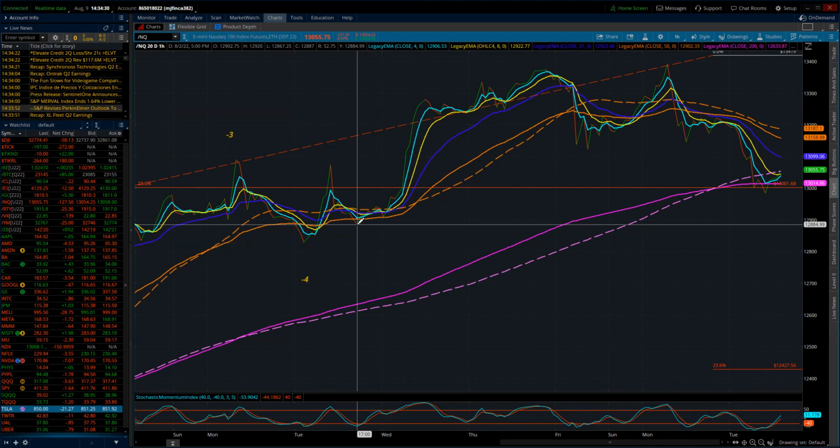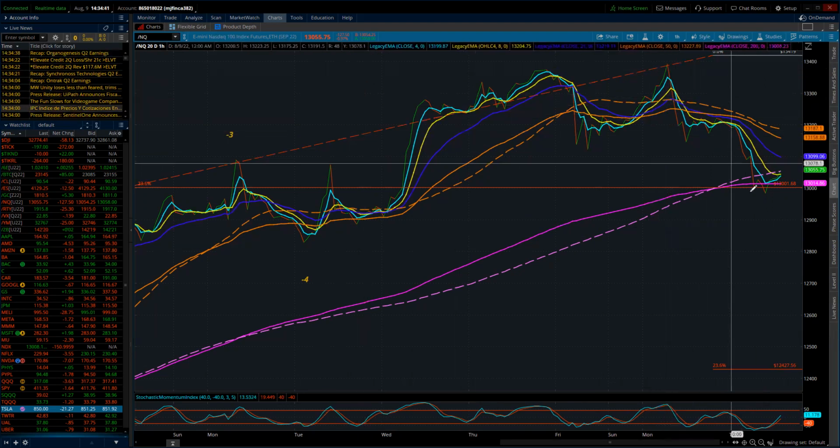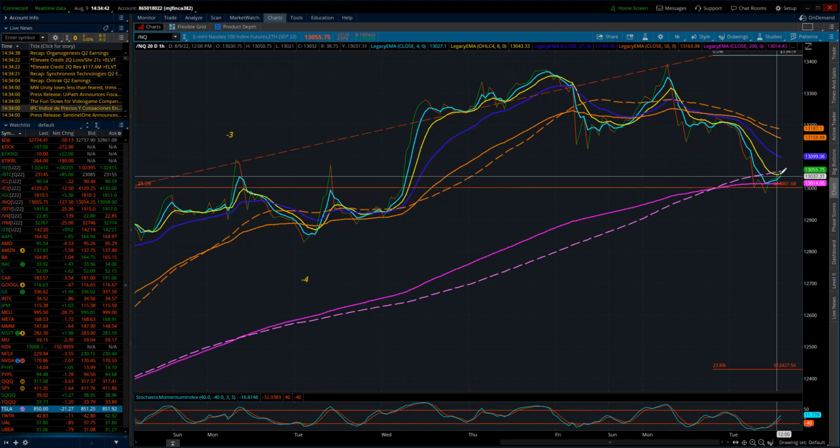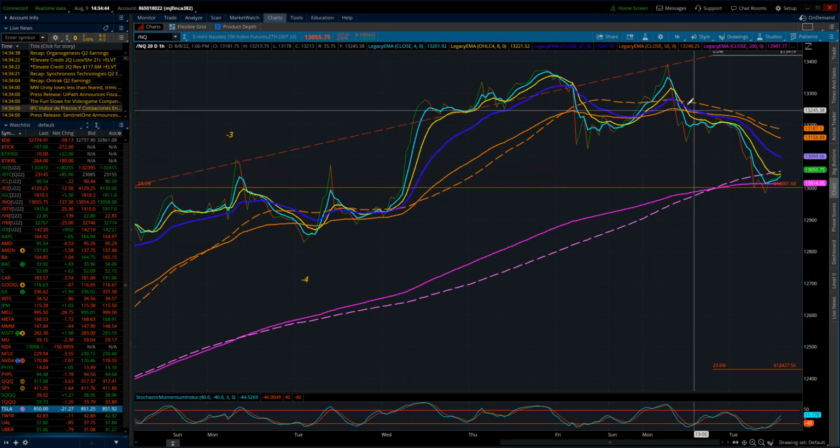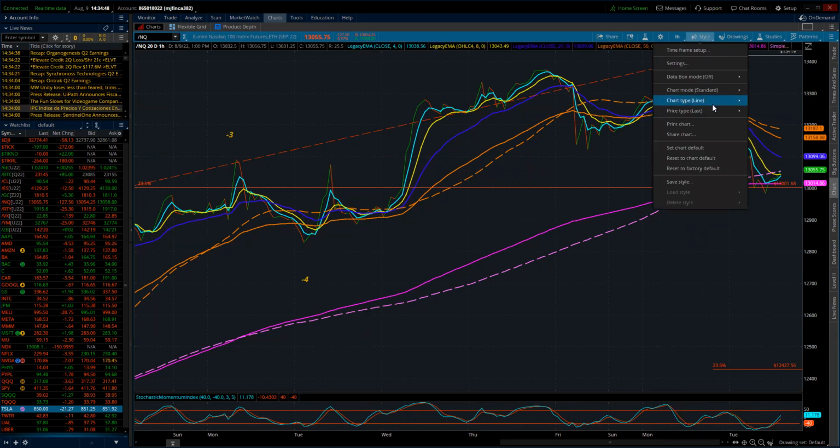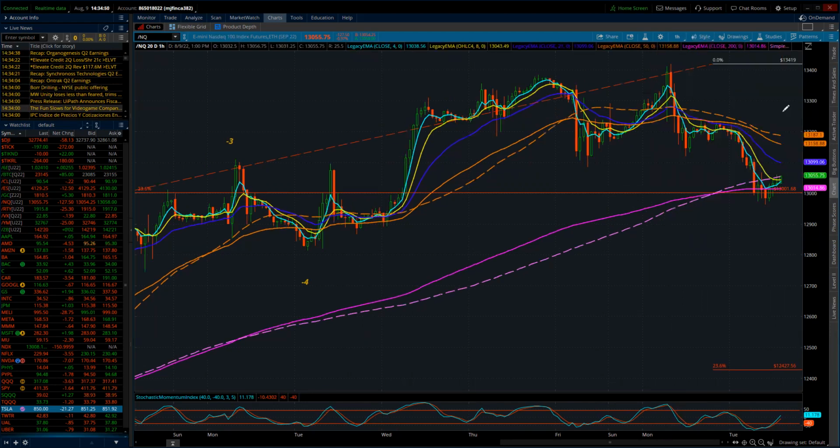Somewhere down in there. Get a quick 5, clean 1, 2, 3, 4, 5 down, rally off of it in a second wave. And so that's what I'll be looking for. And hopefully we get it. We're looking for confirmation of that high being the endpoint.